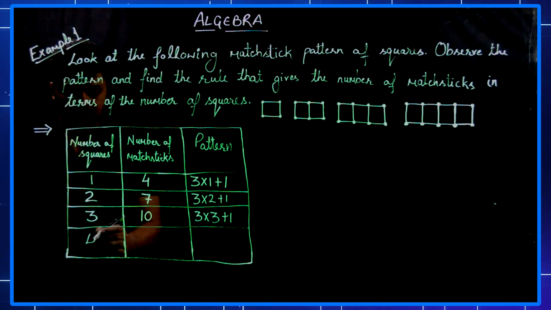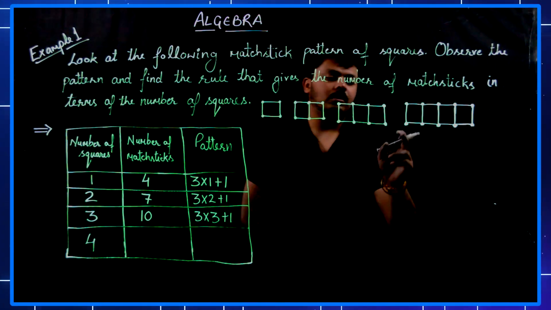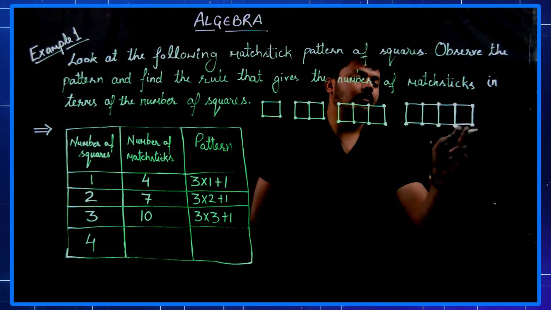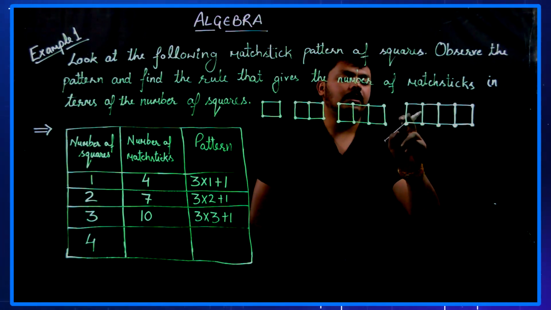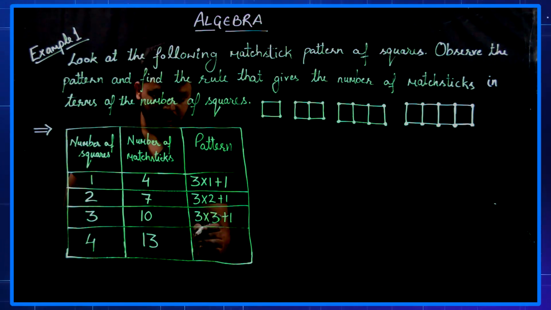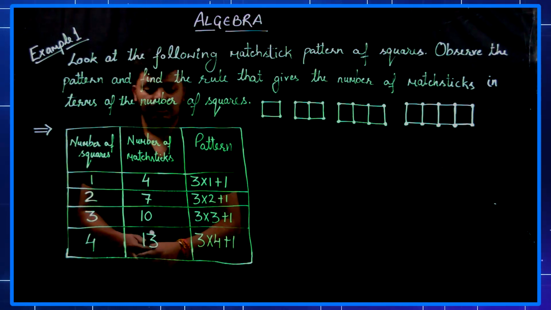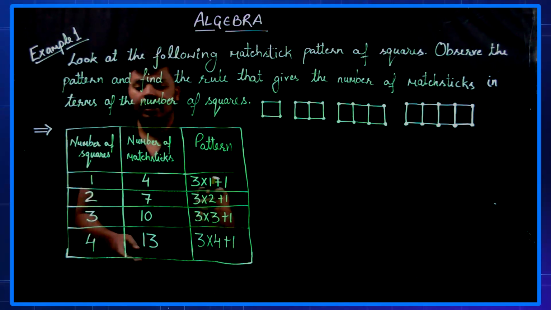Next we have 4 squares and the number of matchsticks is 13. And the pattern is 3 multiplied by 4 plus 1. As you can clearly see, the pattern is 3 multiplied by the number of squares, plus 1.